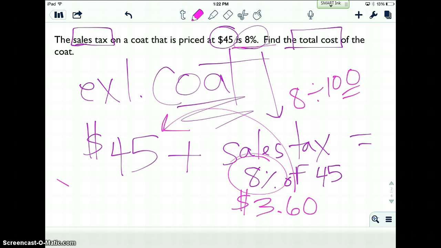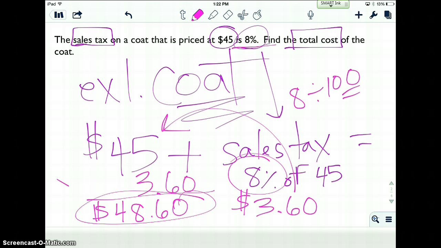So if you want, use the calculator. Otherwise, add up $45 and $3.60. Some of you could do that in your head. And you will end up with a total of $48.60 for the total cost of this coat with sales tax. Okay, let's look at one more.